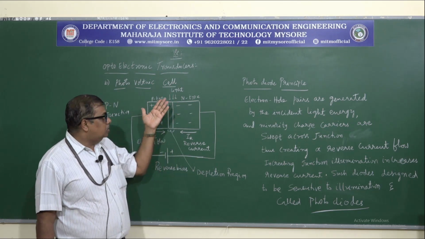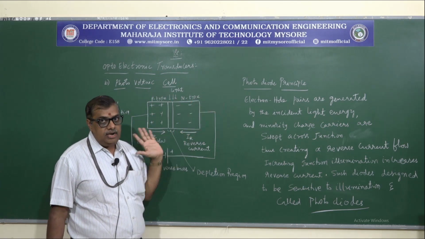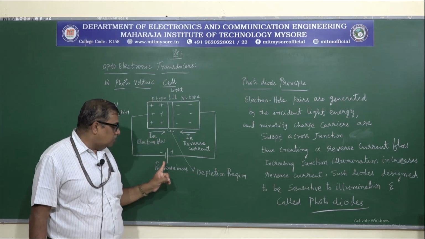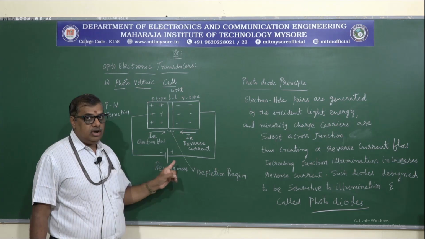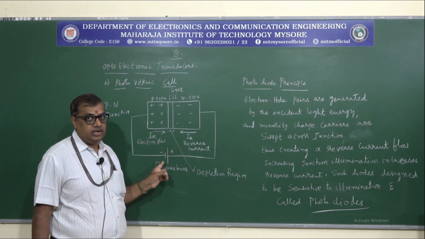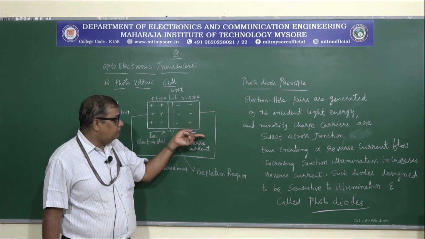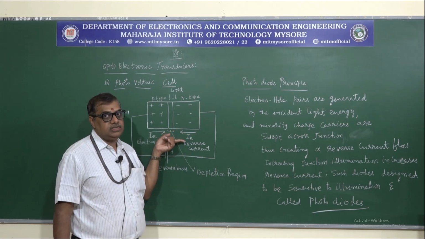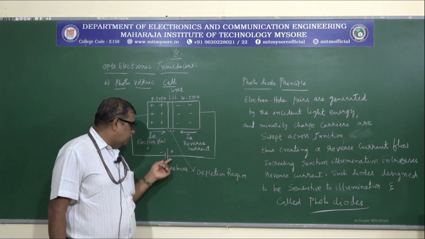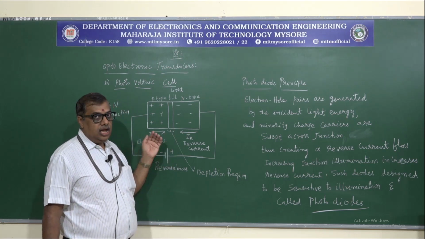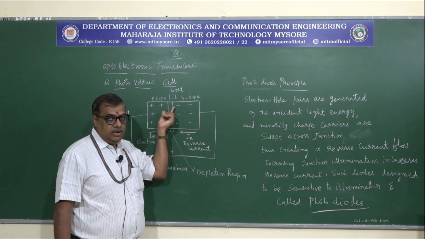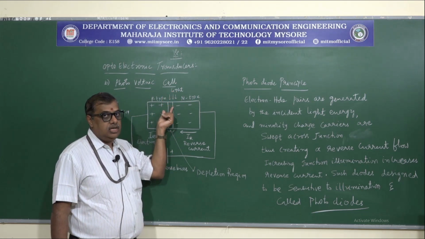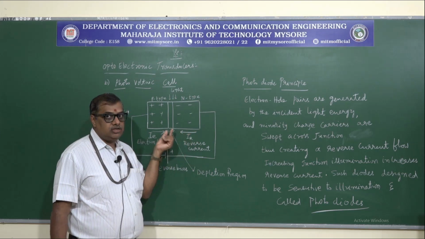Once again, if you consider an ordinary PN junction, you have to excite it with a source voltage E, and if you connect the source voltage in the reverse direction, the current flowing is called the reverse saturation current. In the same way, if you remove this source voltage and light energy is made to fall on this, the same reverse current starts flowing.